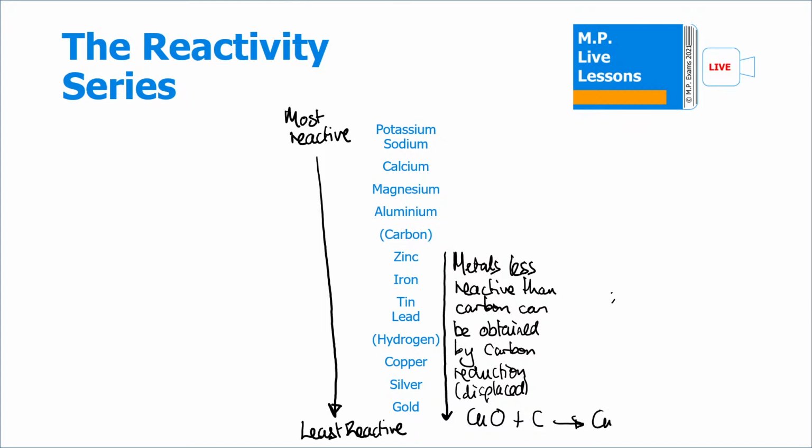So what you get is just copper on its own, the less reactive metal or element, and then carbon bonded to oxygen, so that's just CO. Whereas all the metals more reactive than carbon have to be obtained by electrolysis.